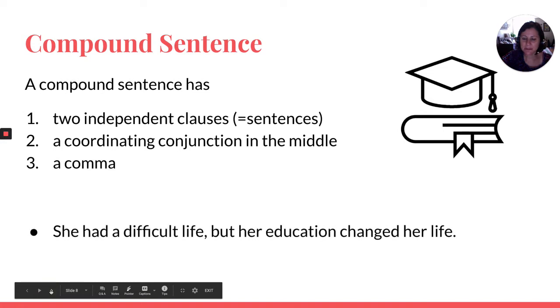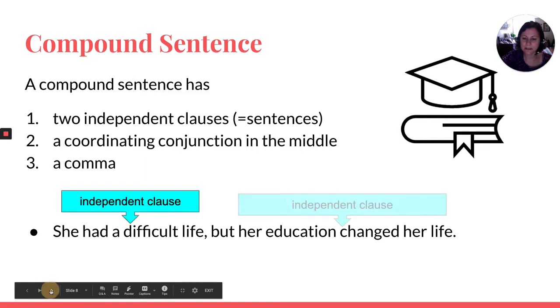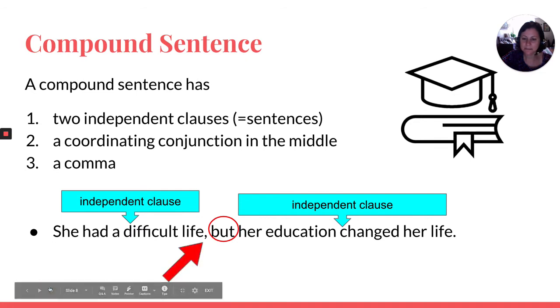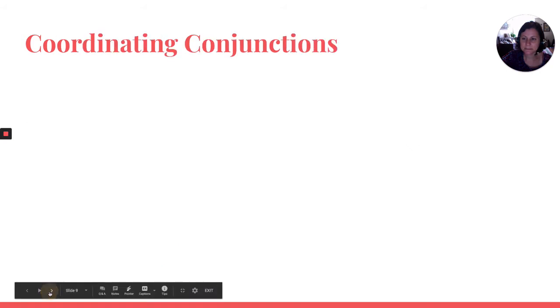She had a difficult life, but her education changed her life. We have the first independent clause, the second independent clause. This just means they're sentences, they're complete sentences. And then in the middle, we have our coordinating conjunction, but, and a comma.